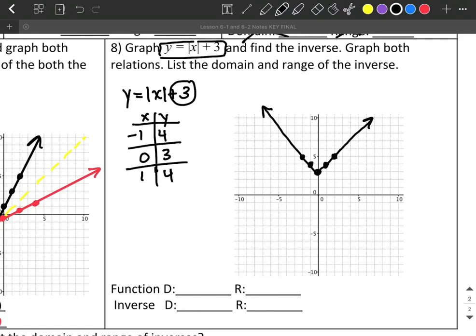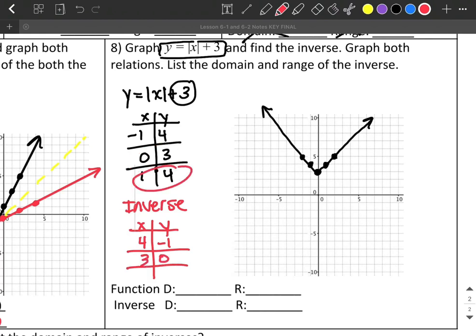So to find my inverse, it's not easy to write the equation for that, because I don't know how to undo absolute value signs. I'm just switching x and y from what they originally were. So I originally had -1, 4. So now my inverse is going to be 4, -1. Originally I had 0, 3. So my inverse is 3, 0. Originally I had 1, 4. So my inverse point is 4, 1.